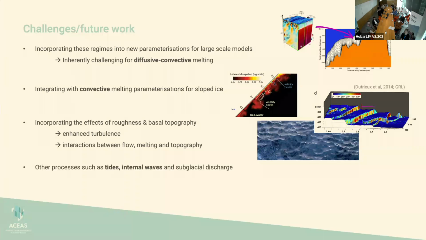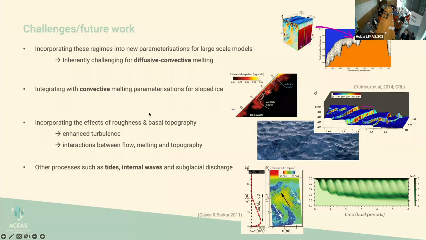And then finally, a lot of other really interesting processes. So this has all been the steady flows, but I'm doing a little bit of work with tides and plan to do more with tides, as well as internal waves. That's quite interesting because we know that on slopes, internal waves can drive elevated turbulence, and the ice-ocean interface is sloping and very sensitive to turbulence.